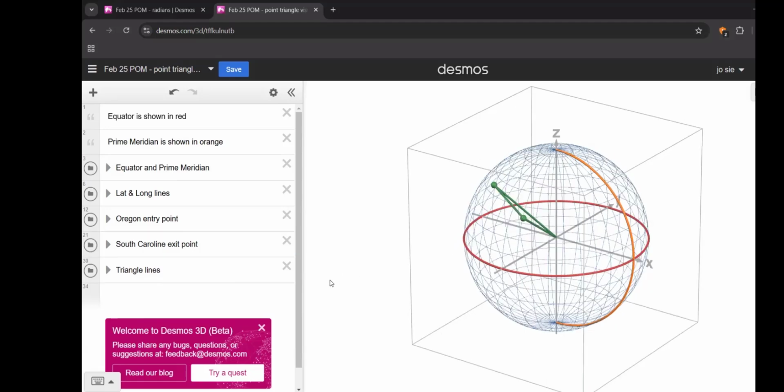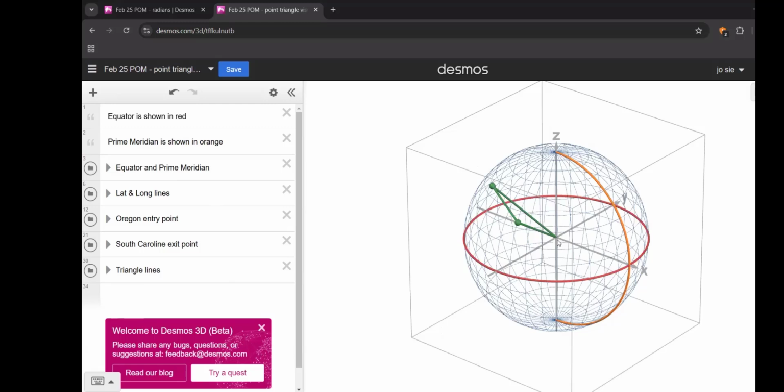So you'll notice here I also have it connected through the origin, because any 2 points on the Earth can make what's called a great circle around the center of our Earth. So I thought to myself, how can I figure out what the equation of this circle would be?